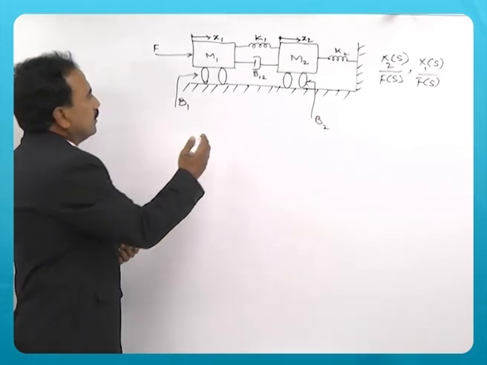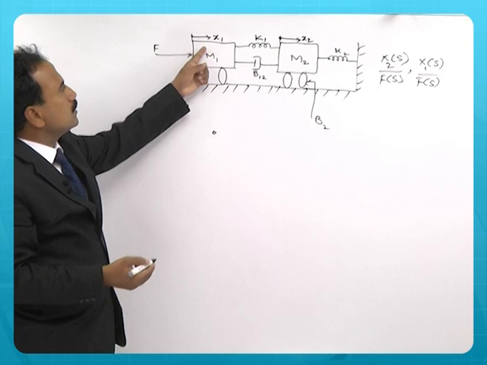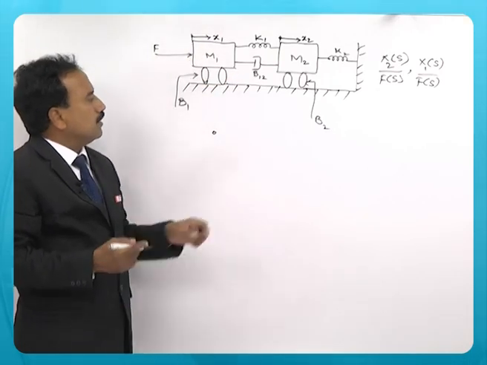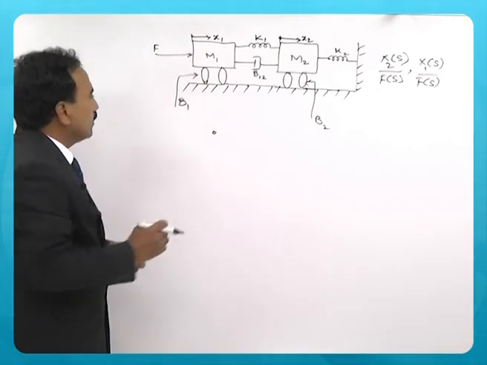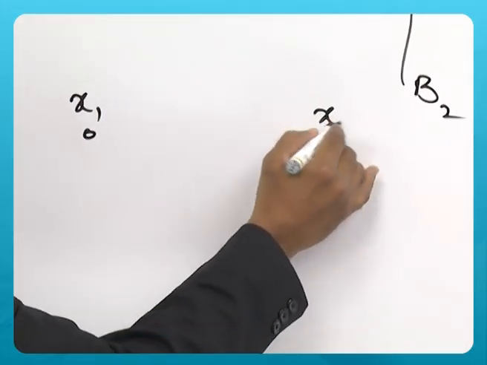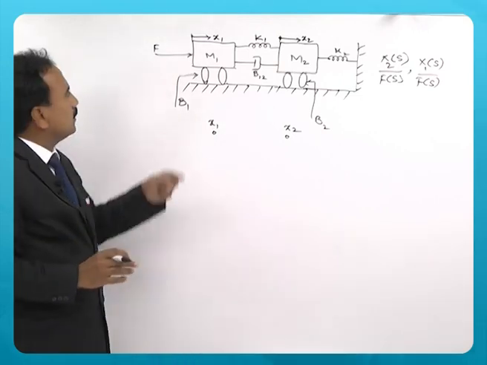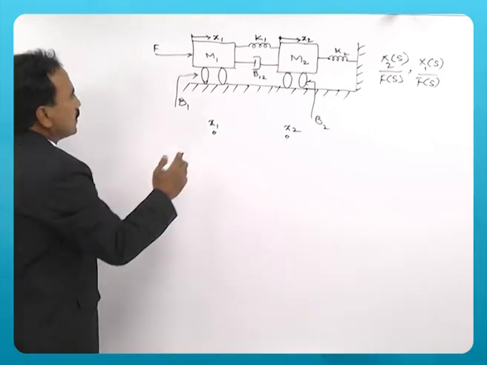As I was mentioning, there are only two displacements, and the number of displacements must be equal to the number of nodes in a mechanical circuit diagram: x1 and x2. Then we need to represent the elements associated to x1.